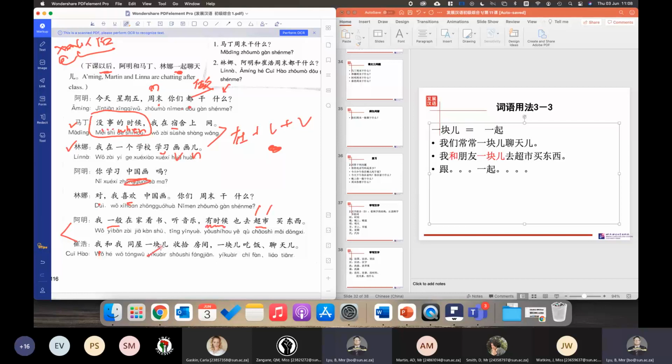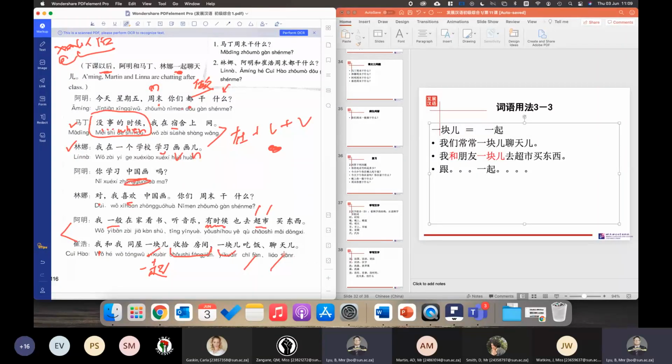Roommate. 一块 is the same as 一起, all together. 收拾房间. 收拾 means tidy up, put in order, cleaning up. 一块 you also do together, 吃饭, eat and talk about anything you want to talk about. Right. Okay, there's nothing difficult here.